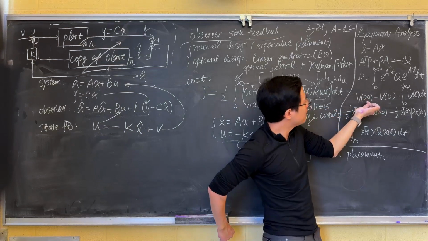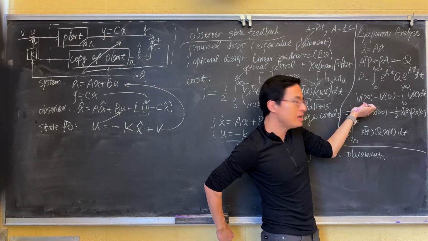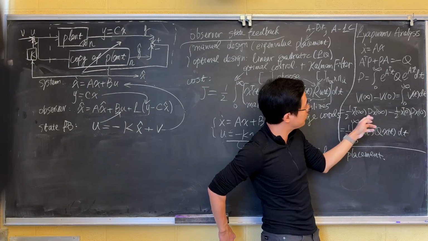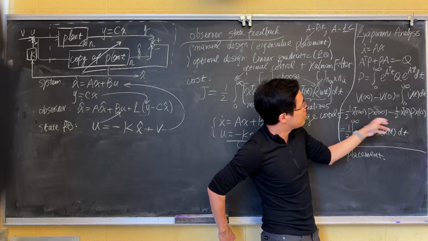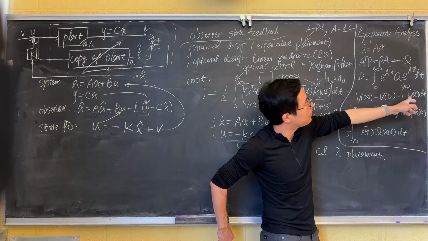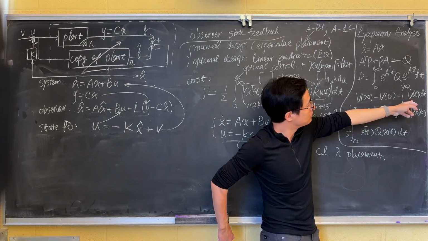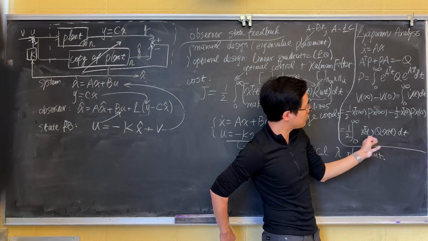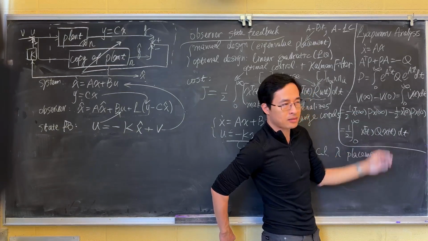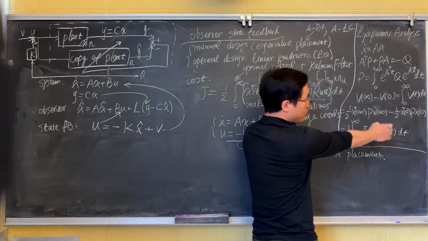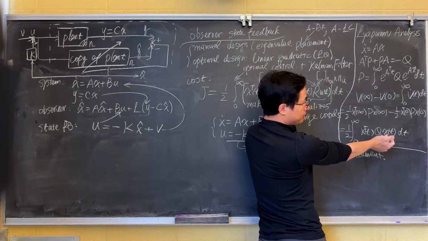We said the Lyapunov candidate V at infinity, which is half of x transpose at infinity times P times x at infinity, minus its initial value, equals the integral of V dot. And then V dot is this one, x transpose times Q times x. So we did this, we know this actually works.